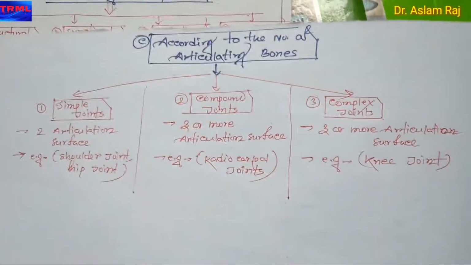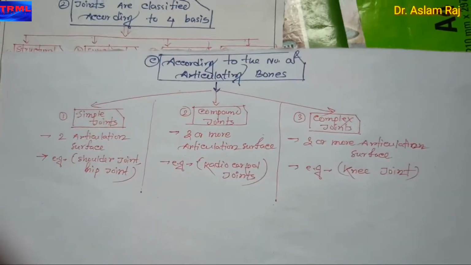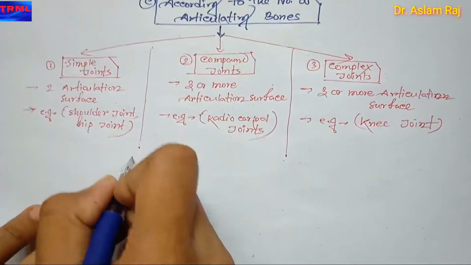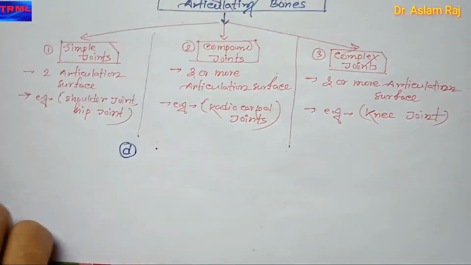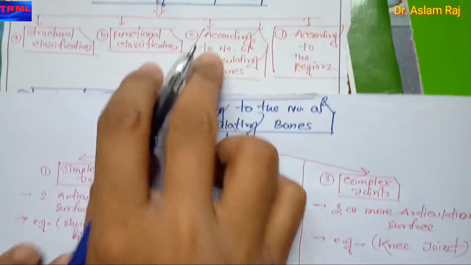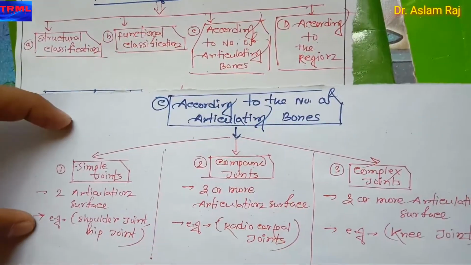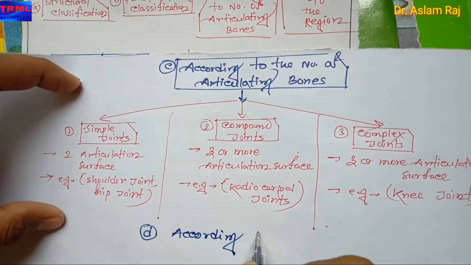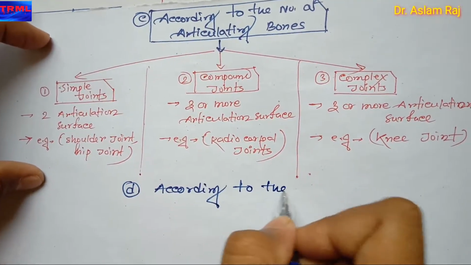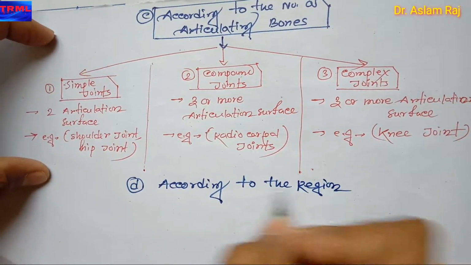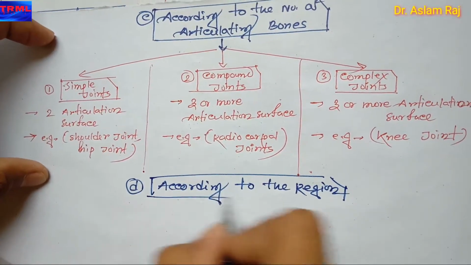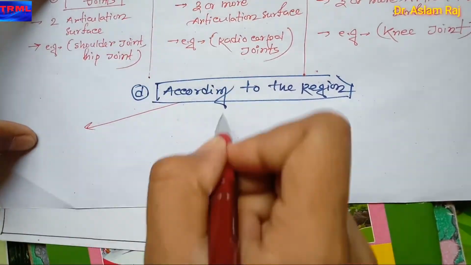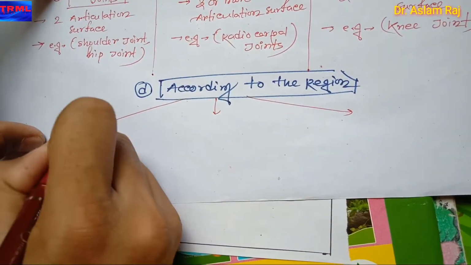Guys, we already saw the three bases of classification. The last one is according to the region. Classification of joints according to the region. Sorry guys, classification of joints. Which region the joints are present in. This also has three types: skull type, vertebral type, and limb type.